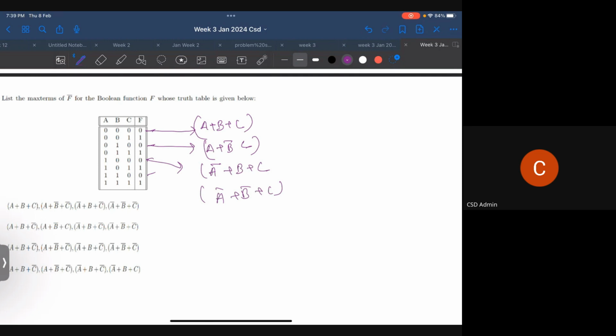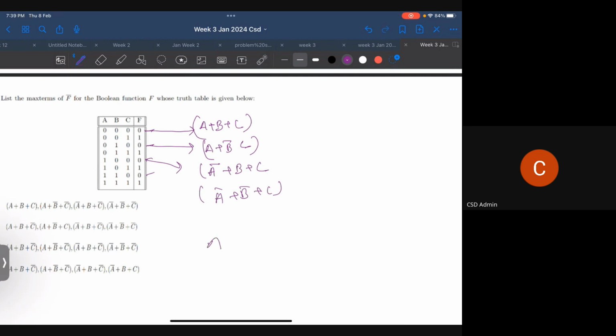So it will be (A plus B plus C)(A plus B bar plus C)(A bar plus B plus C)(A bar plus B bar plus C).